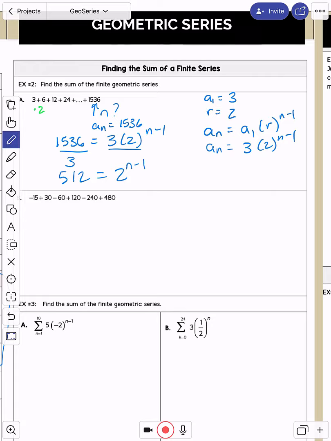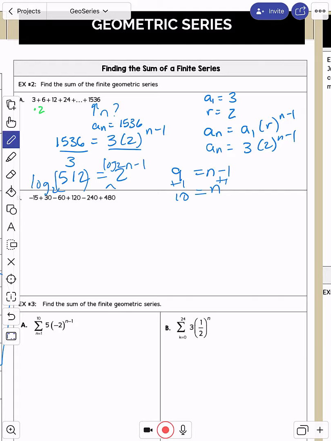I am not sure if you all know how to do logs yet, but you would do log base 2 to figure this out. If you do log base 2 on both sides, you're going to get 9 is equal to n minus 1, add 1 to both sides, and n equals 10.